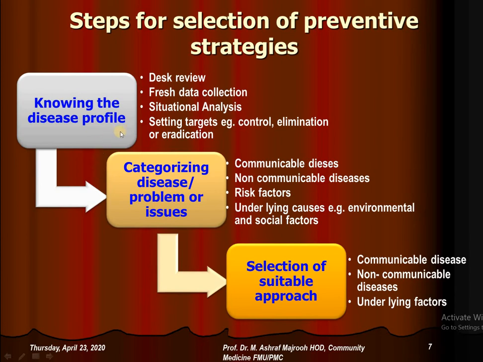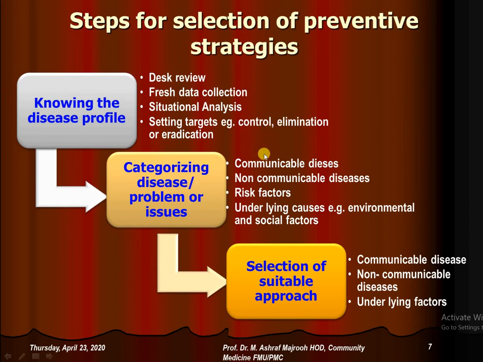In knowing the disease profile, we have to do a desk review of the data or information available about a particular problem or disease, and then fresh data may also be required, and we do the situational analysis and set the goal, whether we want to control, eliminate or eradicate the problem under consideration.